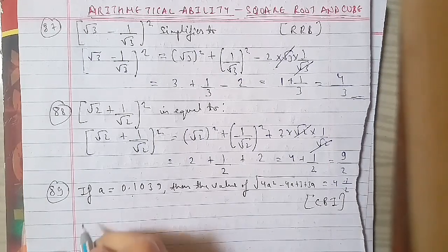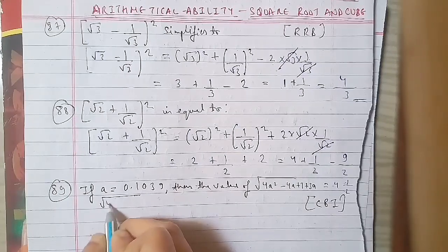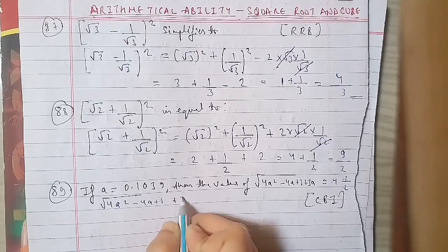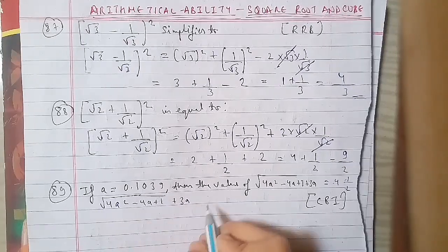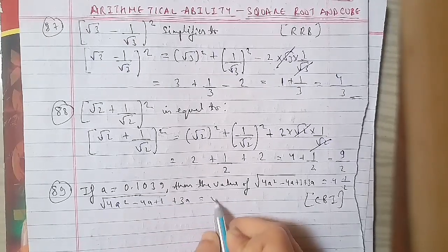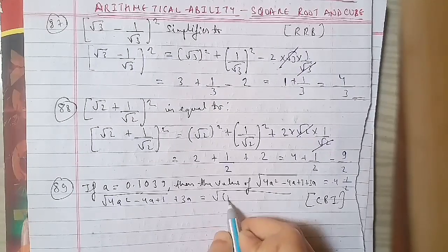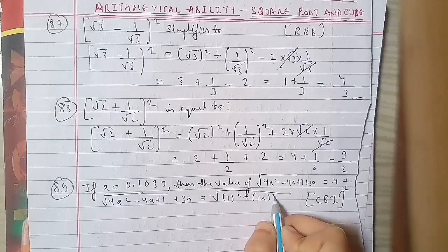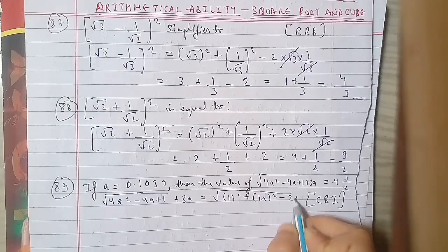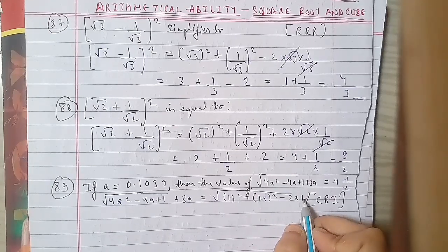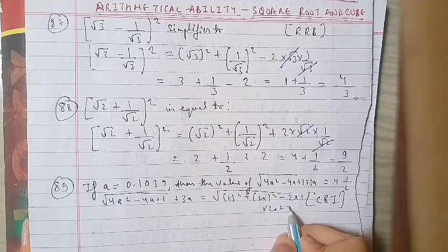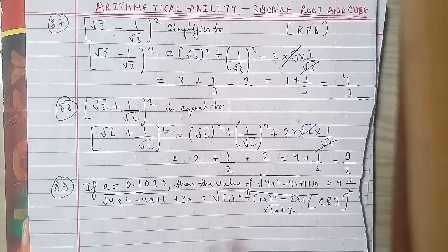So that is under root 4a square minus 4a plus 1 plus 3a equals 1 square plus 2a square minus 2 into 1 into 2a, and that is plus 3a that we have.